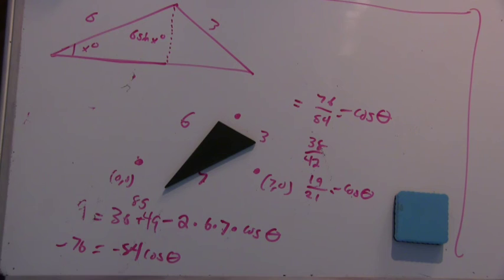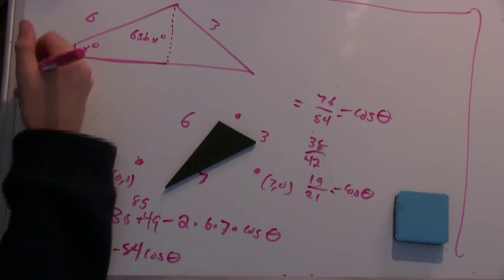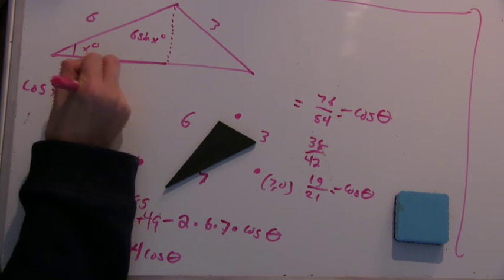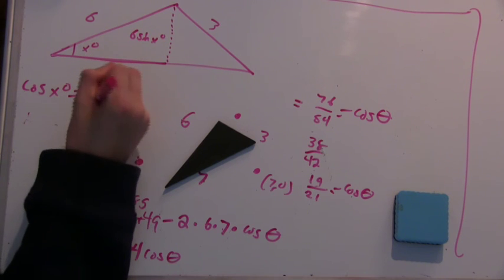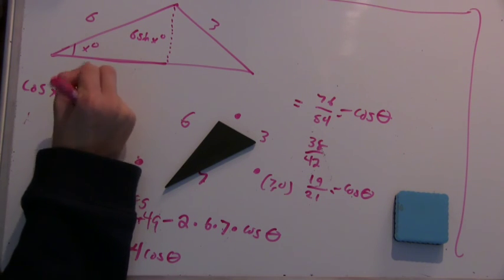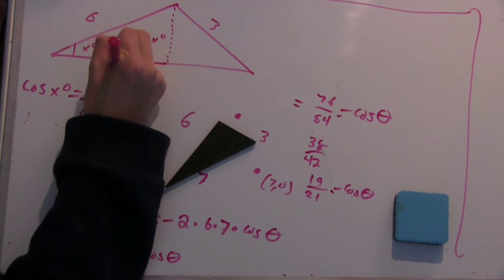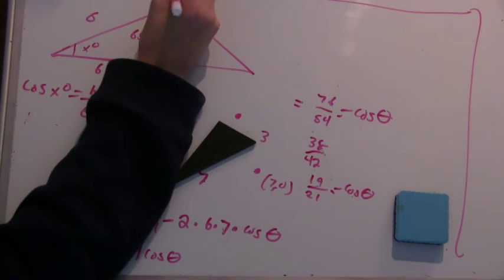How could we figure it out using trig though? Well, the cosine of x degrees is this length, called b, over 6. So this is going to be 6 cosine x degrees. Very good.